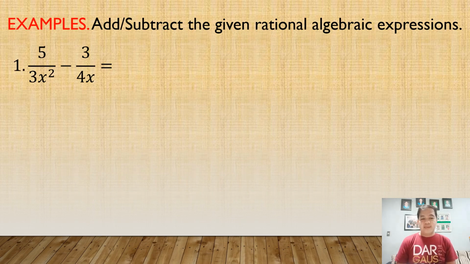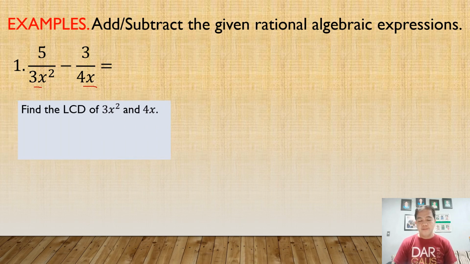Let's now go to the examples on how to add or subtract rational algebraic expressions. Okay, so dissimilar na tayo ngayon. 3x squared yung denominator, tapos 4x naman yung isang denominator. Okay. So the first problem is, kailangan marunong muna tayong kumuha dito ng LCD. So paano ba ang pagkuha ng LCD ng ganyan?